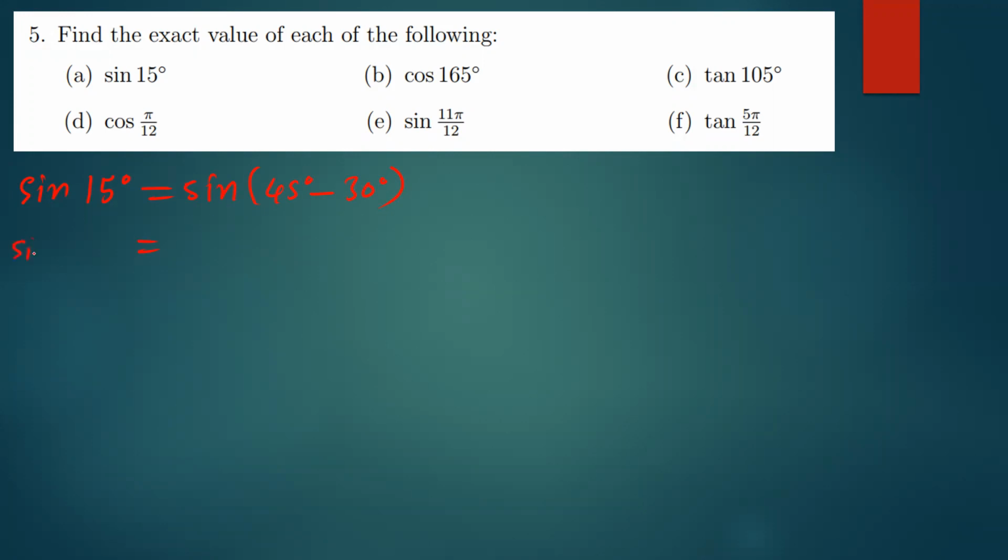If we have sine(A minus B), the compound angle formula for this is simply sine A cos B minus sine B cos A. So we can replace the values of A and B to be 45 and 30.